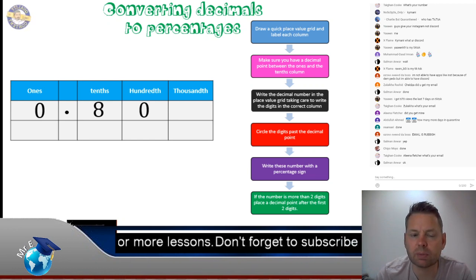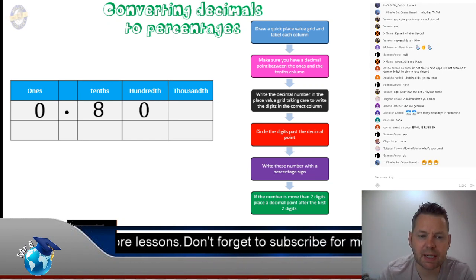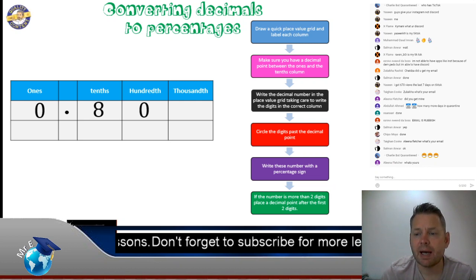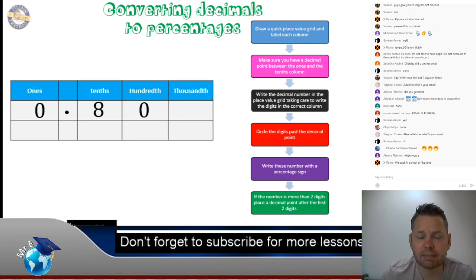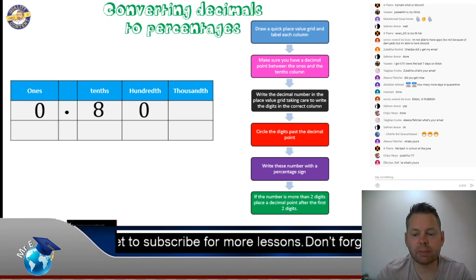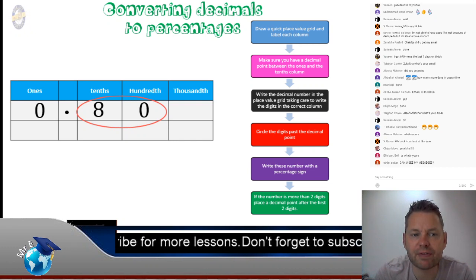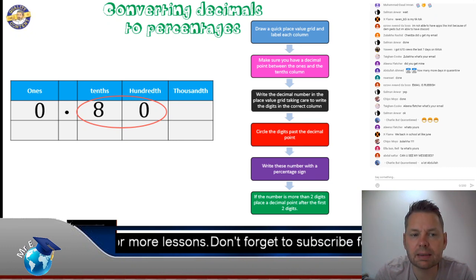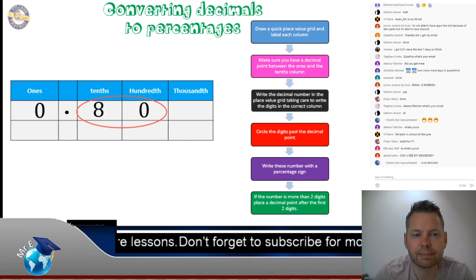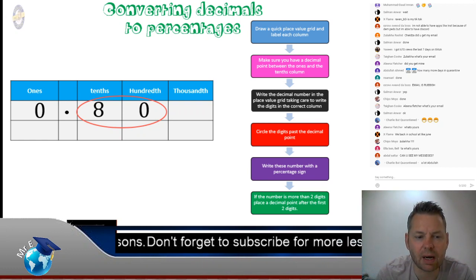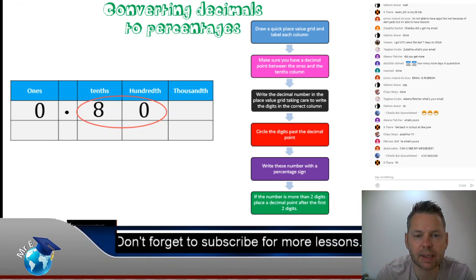It's important when you are putting them into your grid that you put the decimal point in at the right place. So looking at this, all I'm going to do is circle the 2 digits after my decimal point, okay? And I can see that the 2 digits after are 8 and 0.